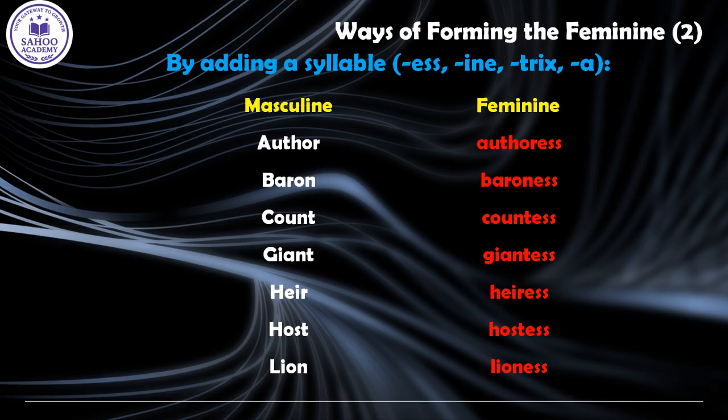Though these are less common in modern English. This method shows language being logical and creative, taking a known masculine word and adding a suffix to specify the feminine counterpart. It is a productive and elegant way to build your vocabulary. Now let's go to the next slide.